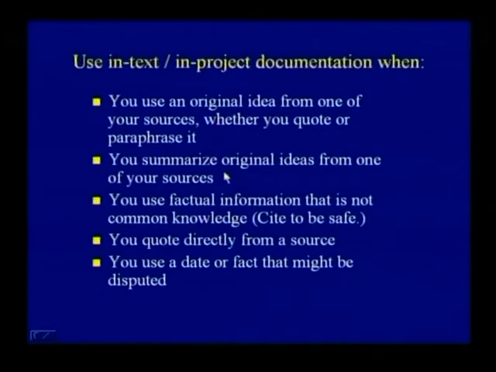You summarize original ideas from one of your sources. You use factual information that is not common knowledge. You quote directly from a source. You use a date or fact that might be disputed. That's when you document. And how do we cite?